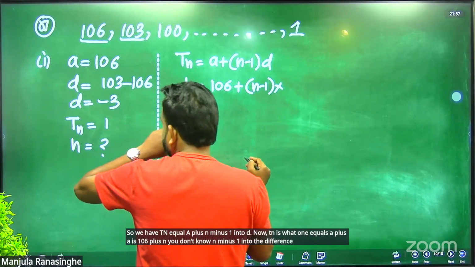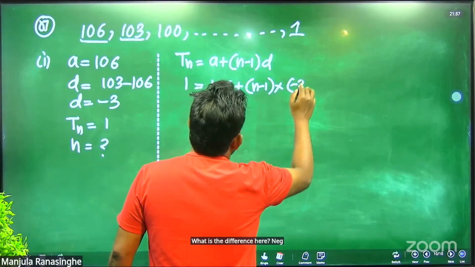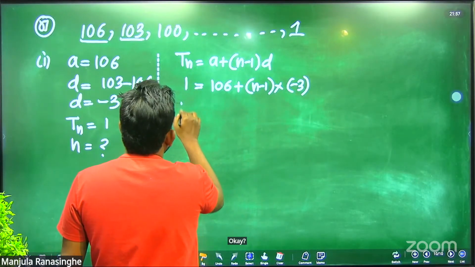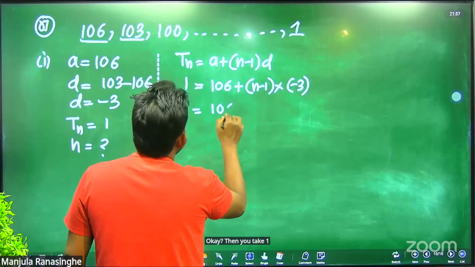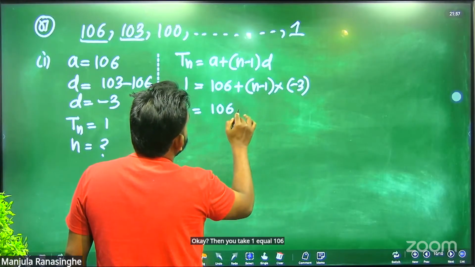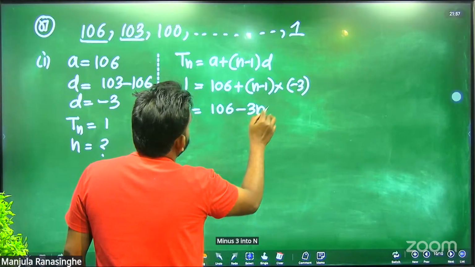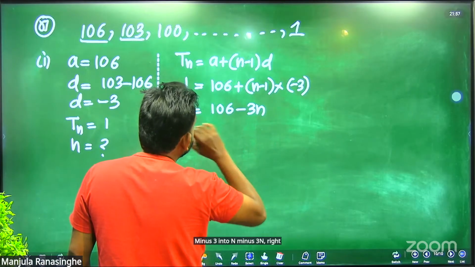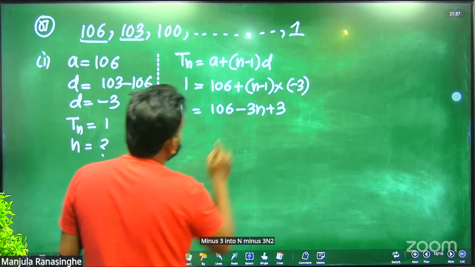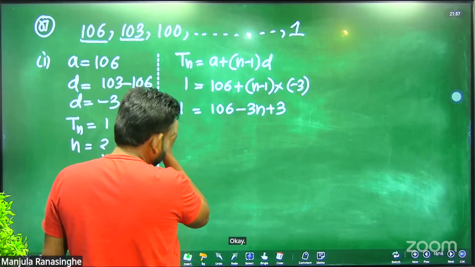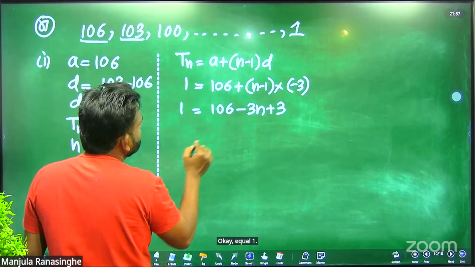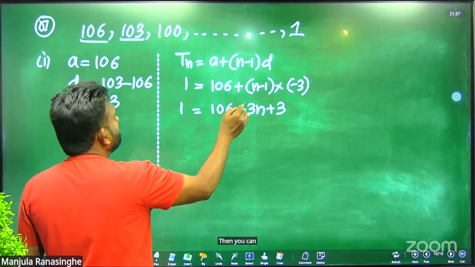What is the difference here? Negative 3. Okay, then you take 1 equals 106 minus 3n, minus 3 into minus 1, plus 3. Okay, equals 1. Then you can bring all the terms to one side.